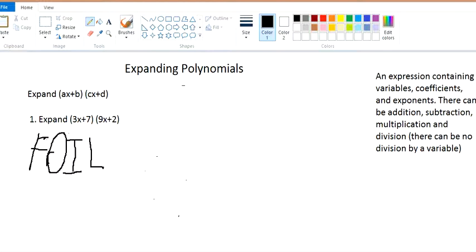So 3x multiplied by 9x gives us 27, which is 3 times 9, x squared, which is x by x. Then we multiply the outsides, which is 3x and 2. 3x times 2 gives us positive 6x.